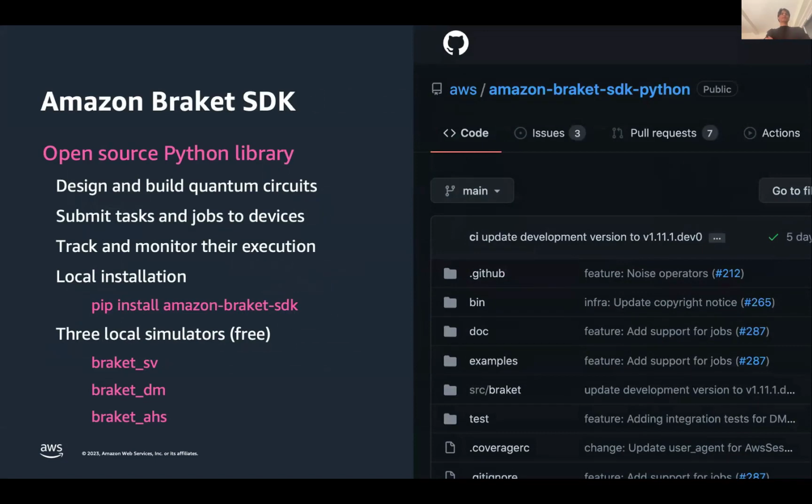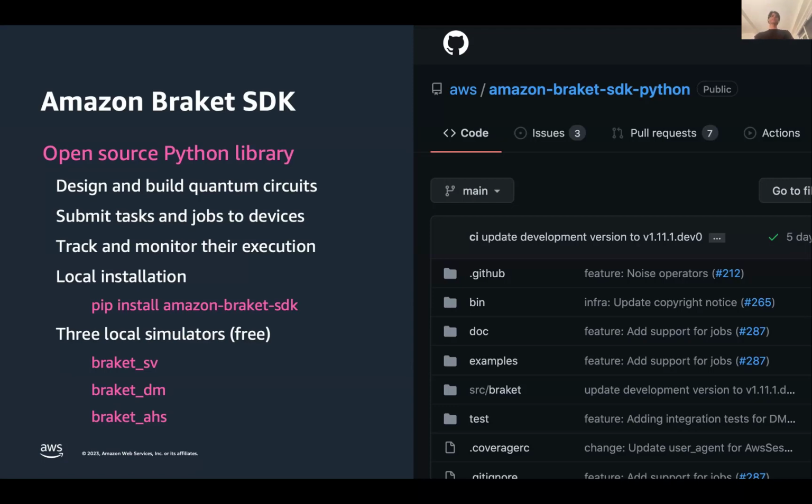Now, the Amazon Braket SDK is basically an open source Python library that you can very easily install by pip install. It comes with 3 free local simulators: Braket_SV, a local version of the state vector simulator; Braket_DM, a local version of the density matrix simulator; and Braket AHS, the analog Hamiltonian simulator. You may ask what the difference is between state vector and density matrix.